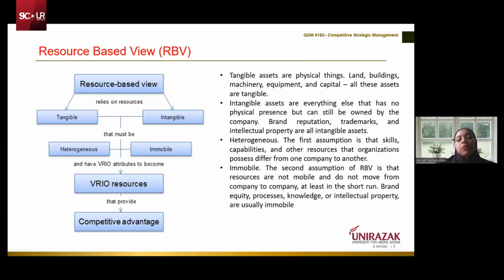Okay, now we go to the breakdown of this immobility and heterogeneity. Remember, the resource base is based on tangible and intangible. Whatever tangible you have, some particular books say tangible always comes with a service.